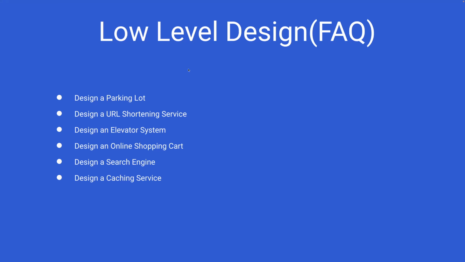Caching service, so basically an LRU cache. It is one of the most frequently asked hash map based questions. The least recently used cache, you need to implement that. So these are a few questions on low-level design.